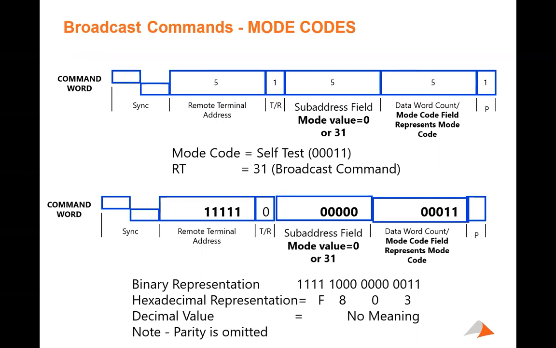Broadcast commands, just a little bit more about them in the mode codes. It all goes out as a subaddress 0 or 31, and then the mode code to be included. This is one of those things just to get you used to seeing what it would look like to see a broadcast command go out with mode codes.